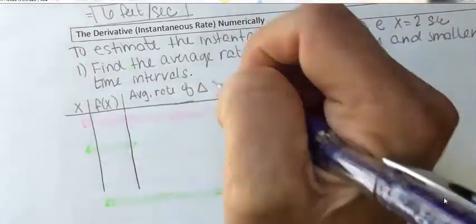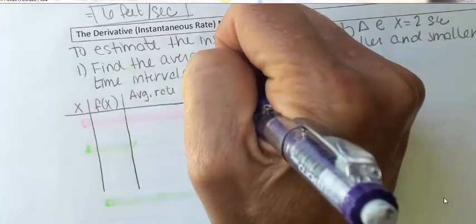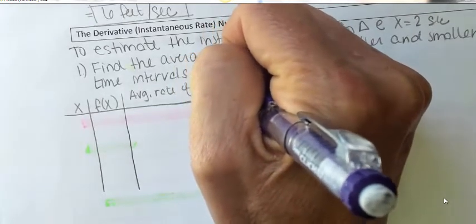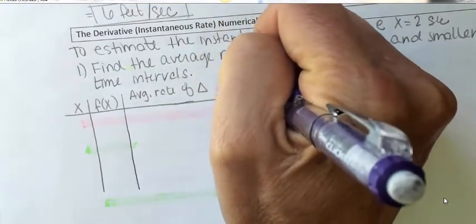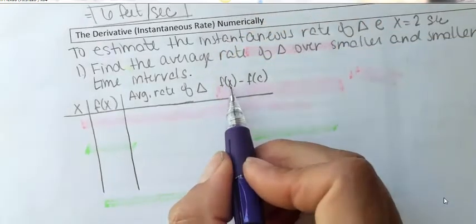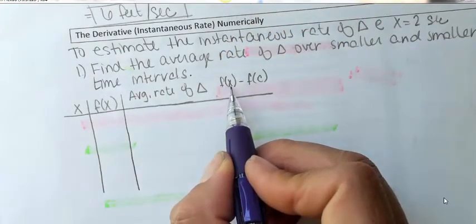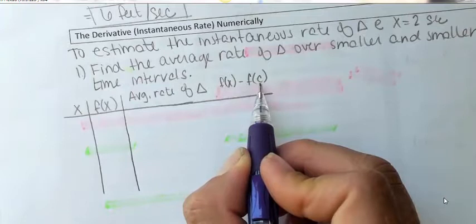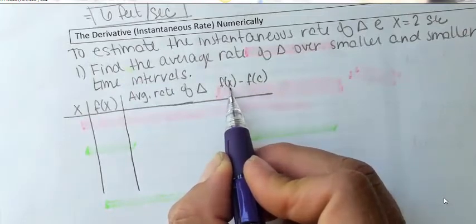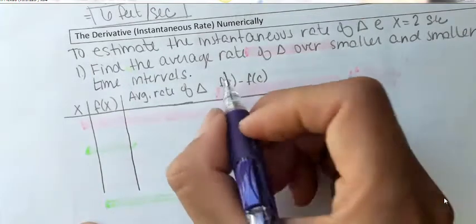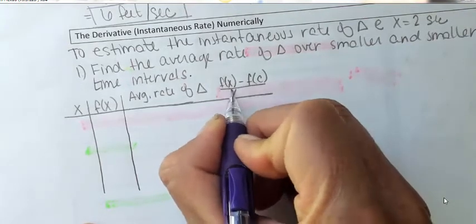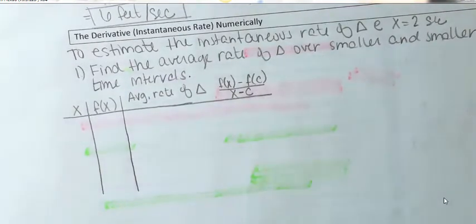Which maybe you forgot, but basically what you're going to do is you're going to take your f of x minus f of some number that we care about. So f of x right now for us, right now we care about 2. So f of x will be numbers getting closer and closer and closer to 2. Okay, and then we're going to put all of that over the x minus c. Basically, we're just finding the slope.